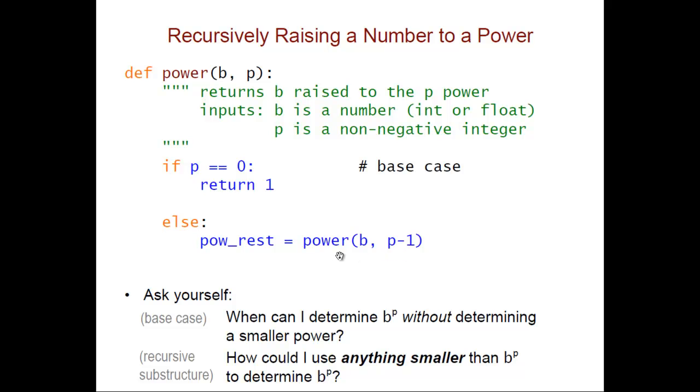So we make a recursive call in which we leave b alone, but we subtract 1 from the second input, the input p, and that's going to give us b to the p minus 1, and I'm taking that result and assigning it to a variable pow_rest. And then I need to do my one step, and in this case that just involves taking pow_rest and multiplying it by another factor of b, because that will give me b to the p. And so that's what I'm going to return.